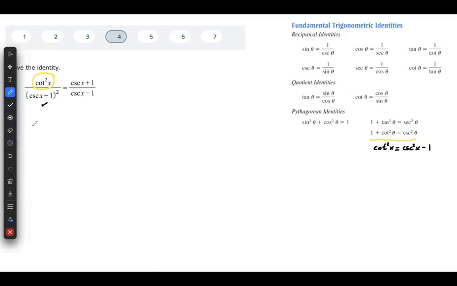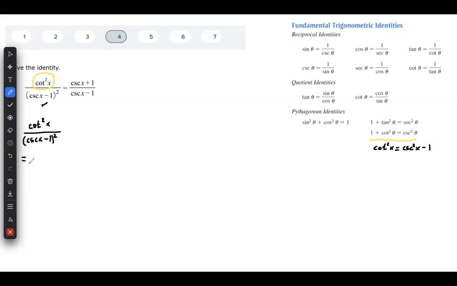Let's go ahead and do that already. I'm going to write the first expression as it was originally, cosecant of x minus 1, everything squared, and that is the original expression.